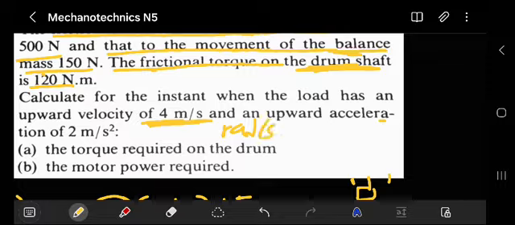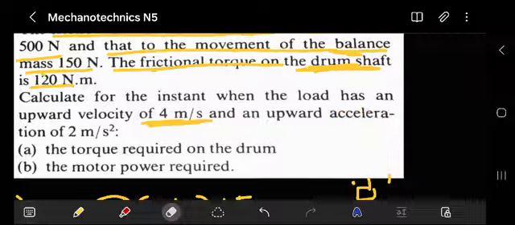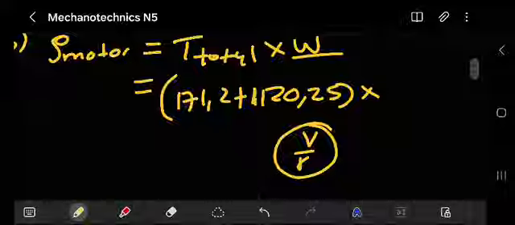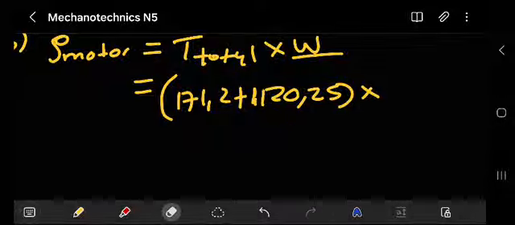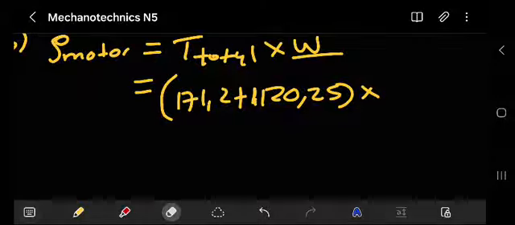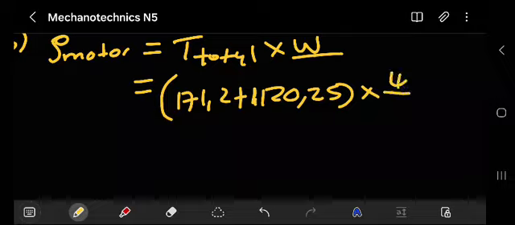So we have to convert from linear to angular, which will be V divided by R. What is V? We've seen that V was 4. Then R, the radius, is 0.25.